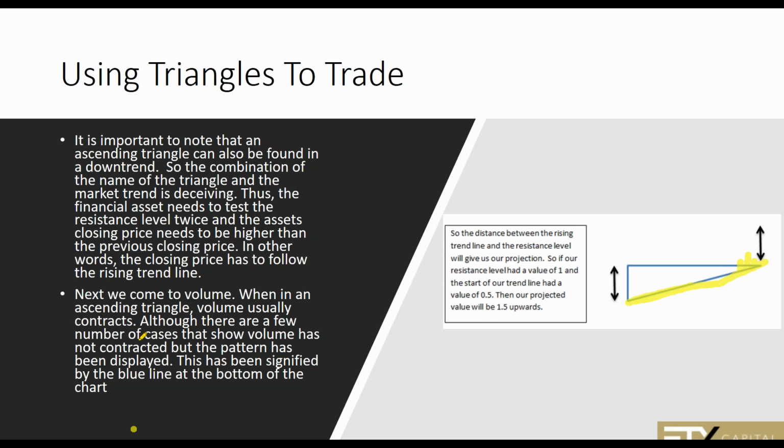So in other words, as price is moving into that corner, volume should be contracting because there's less volatility. The traders are trying to make a decision. Then when it breaks out, whether it's up or down, we should see an increase in volume.